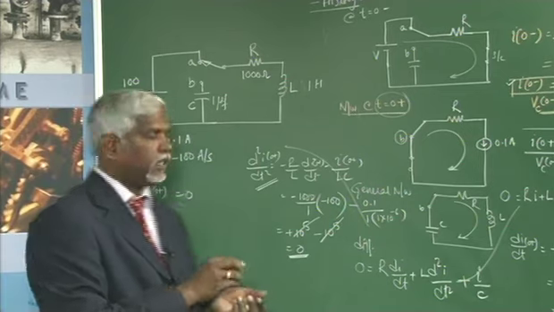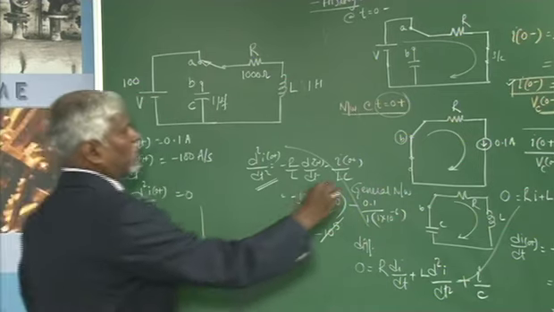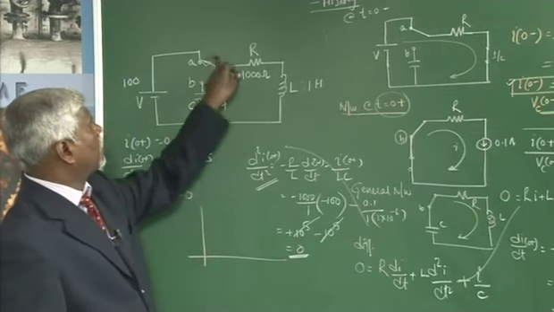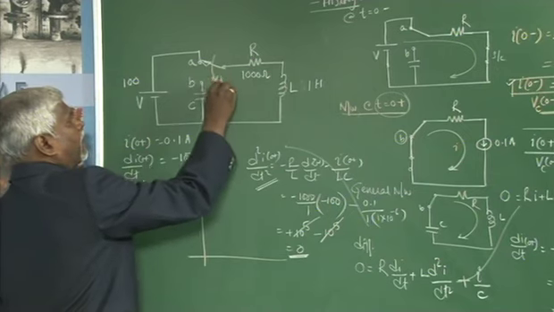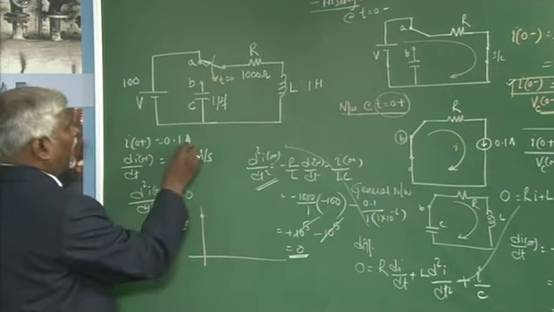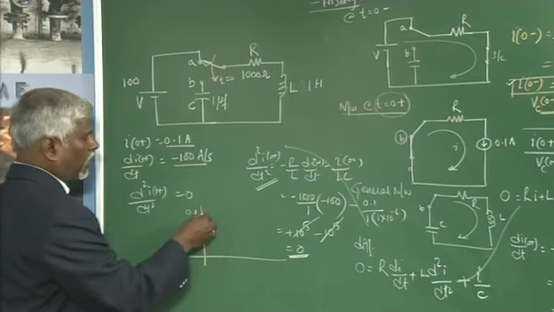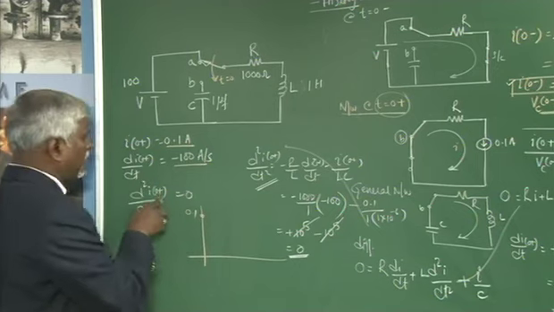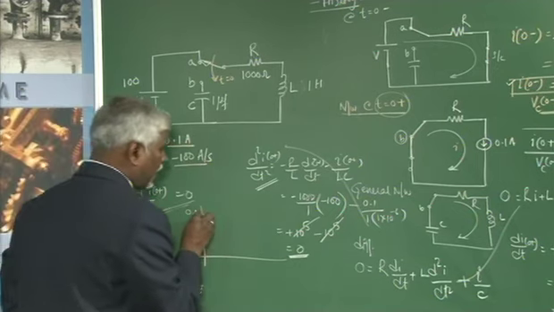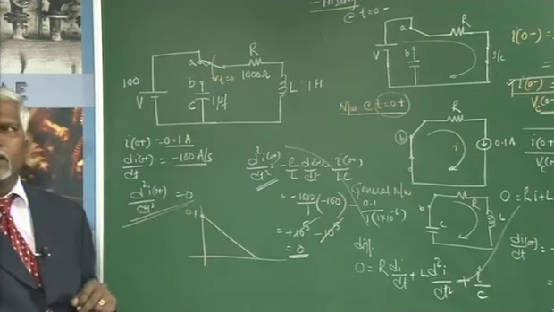If I just want to plot the current through this loop in an RLC circuit, once the switch is moved from A to B at t equal to 0, the current starts from a value 0.1, it has a negative slope and the slope does not change. This tells how the slope is going to change. The slope does not change, it directly comes to 0 and stops.